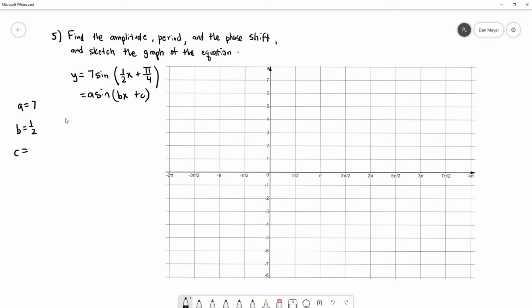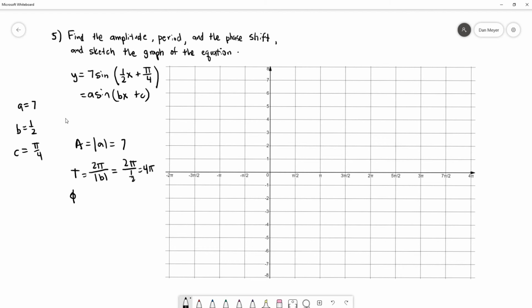And my C is pi over 4. The amplitude is the absolute value of A, which in this case is 7. The period is 2 pi divided by the absolute value of B, which is 2 pi divided by 1/2, which is 4 pi.